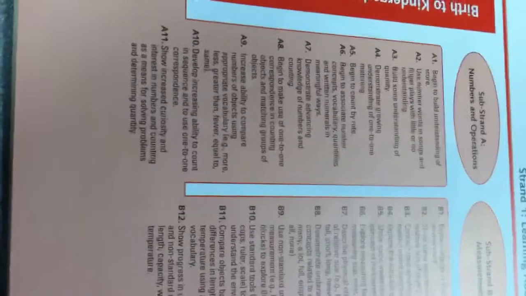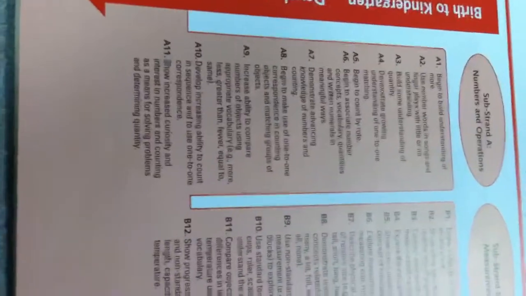So these are the different areas that we're looking at when we talk about math. Now you'll see each of them is broken down. For instance, numbers and operations has 11 indicators, A1 through 11.